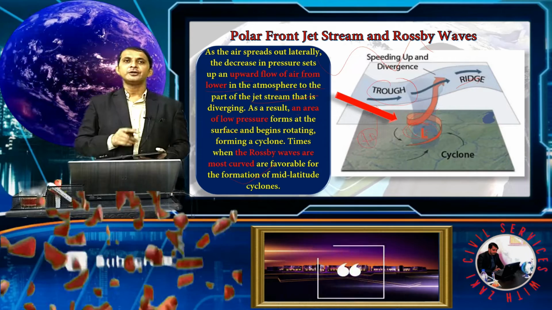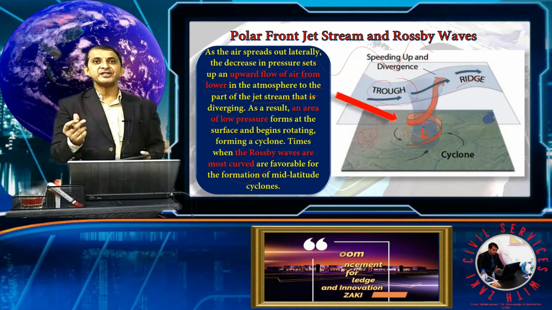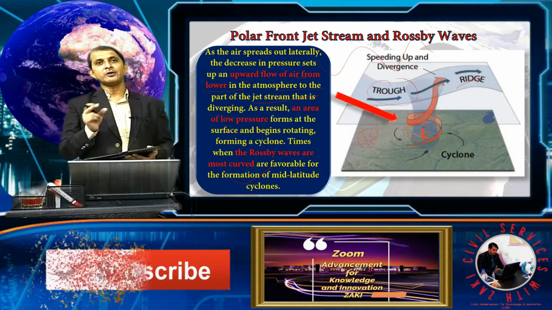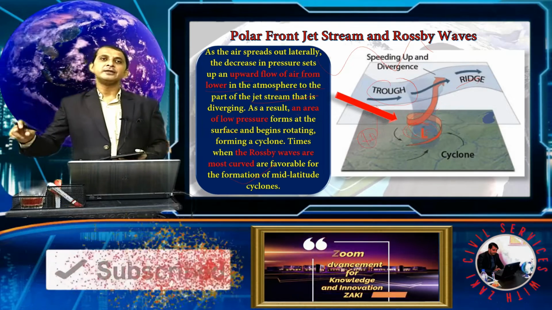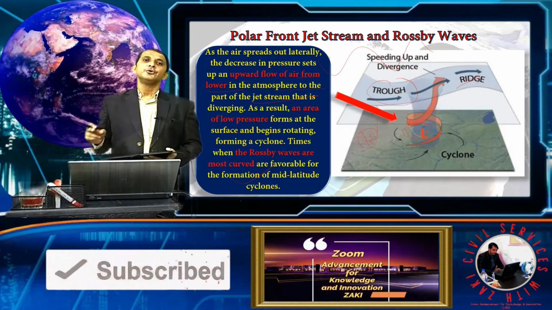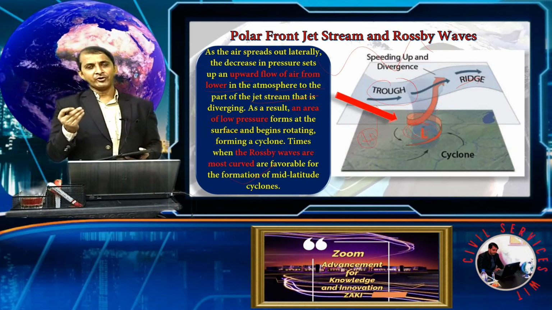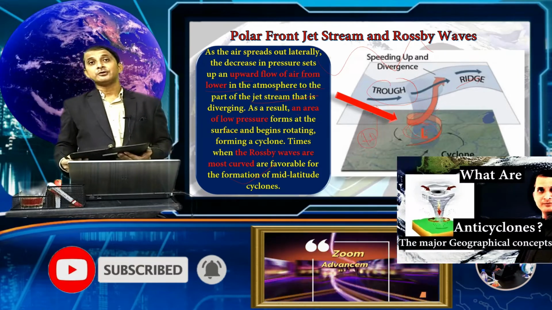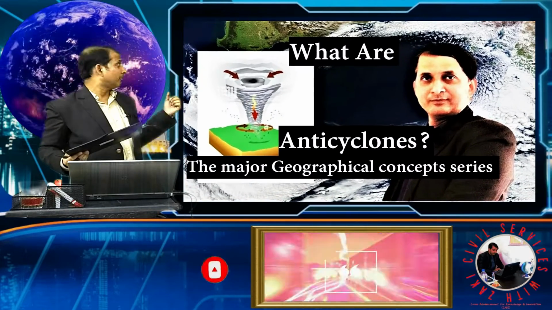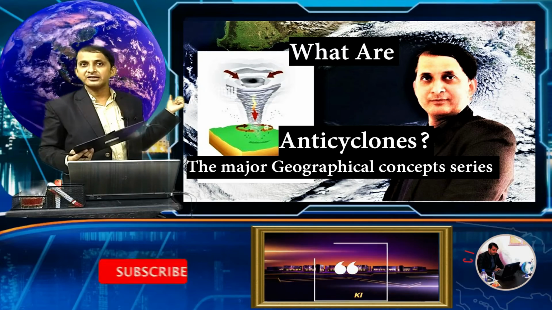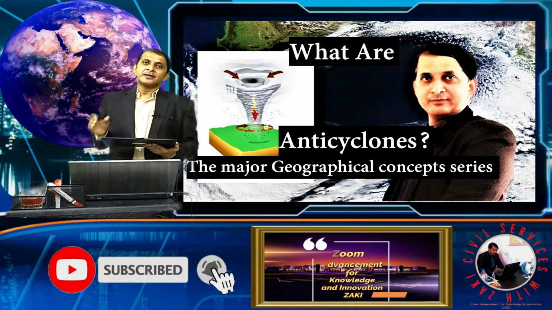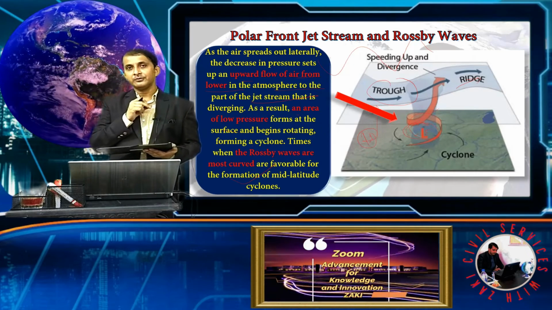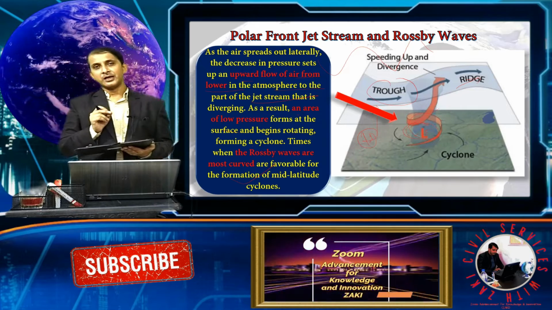A high pressure zone is also called an anticyclone. Anticyclones also play an important role in the mid-latitude cyclone. If you want to know more about the anticyclone, then see my upcoming video on anticyclones. So those are basically the three conditions responsible for the mid-latitude cyclone.